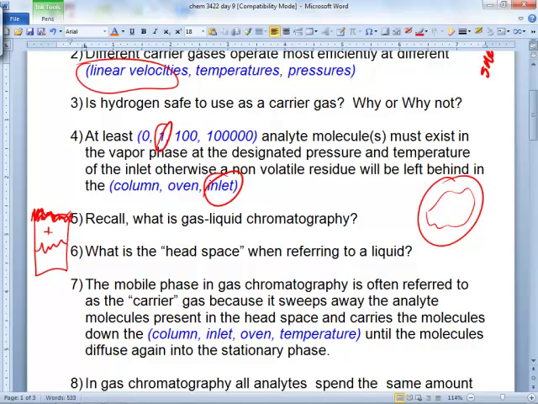Headspace is right here, just the airspace, the gas above the liquid. And you're not going to have much of a headspace if you don't seal it. So headspace is where we analyze a lot of things. If you don't want to inject the liquid, just sample the headspace.